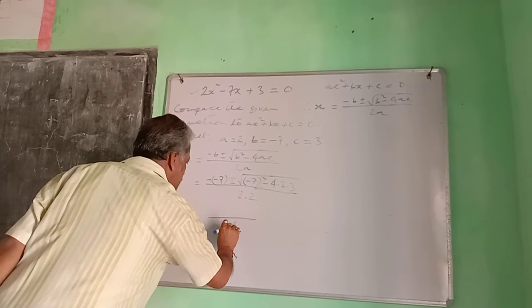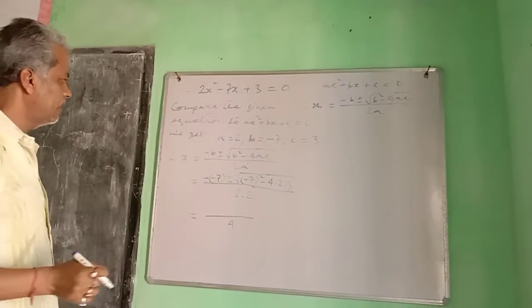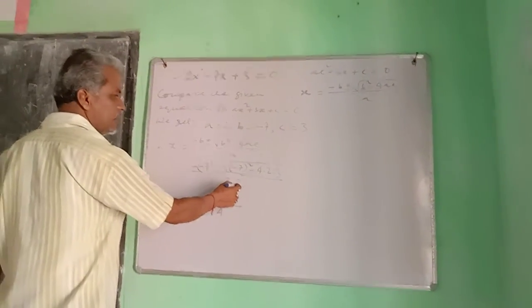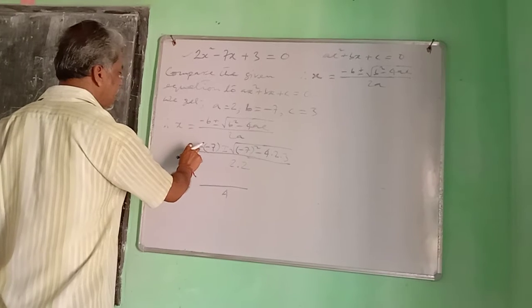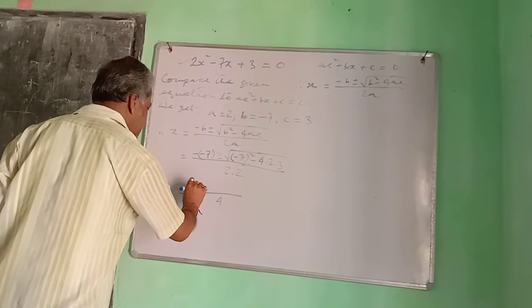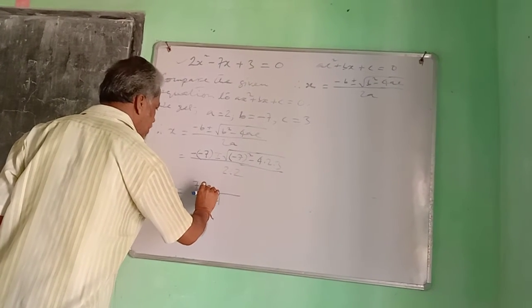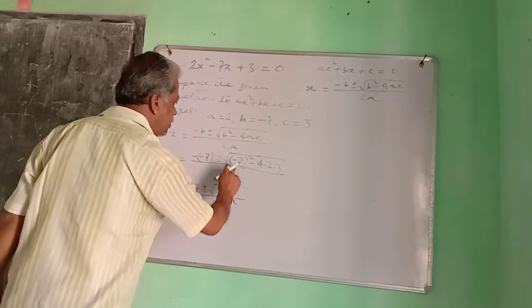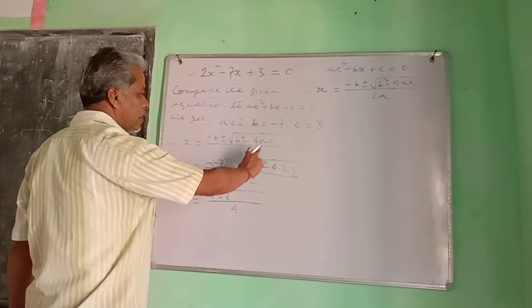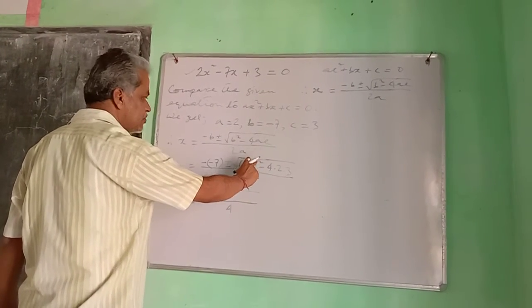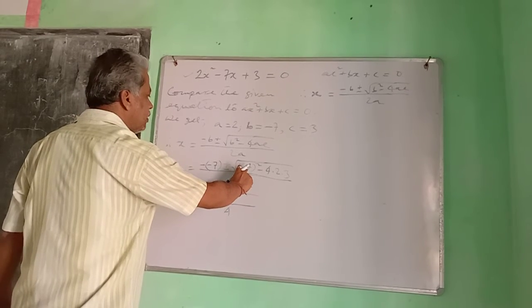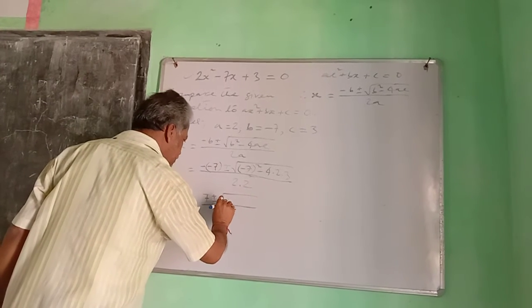Now you are to simplify. Denominator is 2 into 2, which is 4. It is minus into minus is plus. Then plus minus root over minus 7 whole square. Minus square is plus again. 7 square is 49.